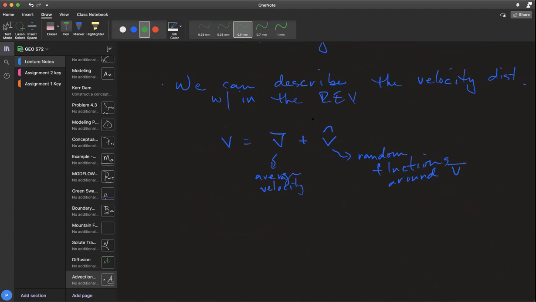So this distribution of random velocities somehow describes the spread of velocities around our average velocity. So this is a distribution of velocity fluctuations.